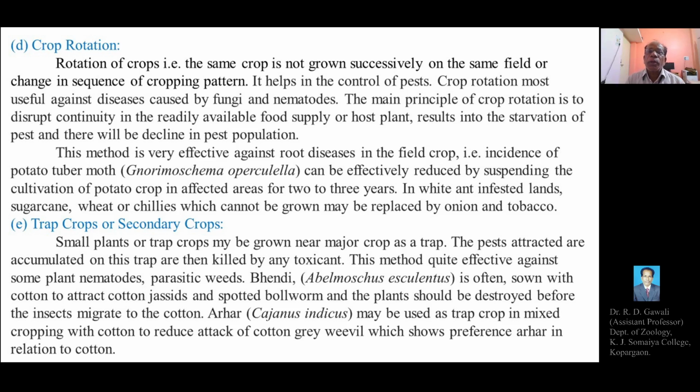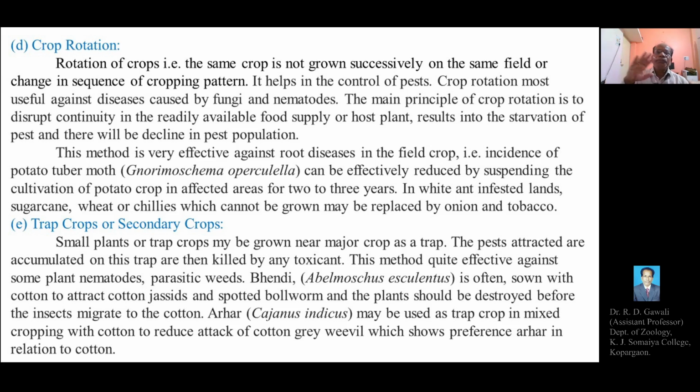The main principle of crop rotation is to disrupt or interrupt the continuity in the readily available food supply or host plant, and this will result in the starvation of the pest, and a decline in the pest population. This method is very effective against the root diseases in the field crop, that is, the incidence of potato tuber moth can be effectively reduced by suspending the cultivation of potato crop in the affected areas for 2 or 3 years.